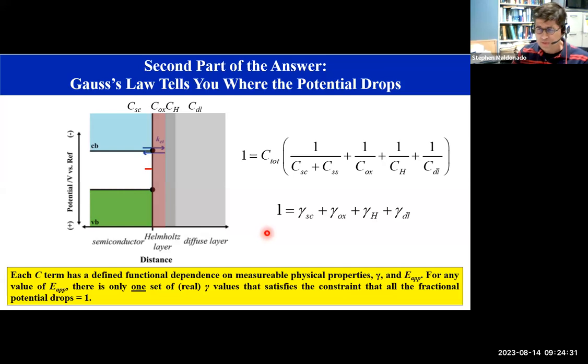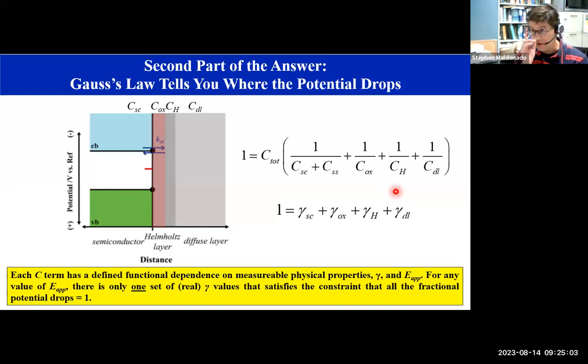Okay. So in the case where we have a semiconductor in contact with a solution that has a Helmholtz layer and a diffuse layer, if you want to get a little bit more detailed in terms of the structure of the electrolyte, and maybe there is an oxide developing at the interface, which is usually the case on an inorganic semiconductor, the fractional potential drops can be described as these 4 gamma terms, which are functions of the capacitance values of each of these regions.